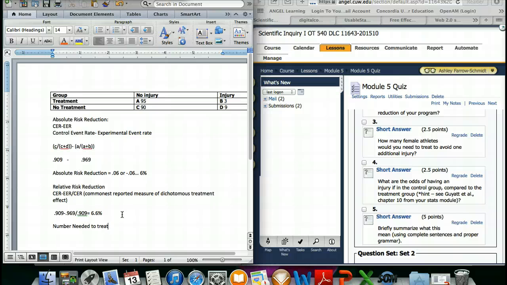That's what we call a bad outcome. So, to calculate the number needed to treat, you are simply going to do 1 divided by ARR. So this is 1 divided by absolute risk reduction.